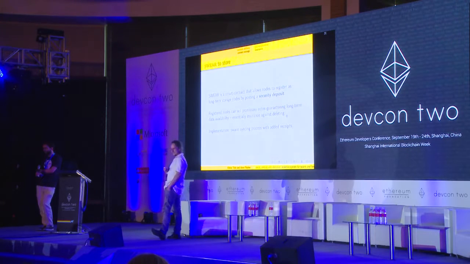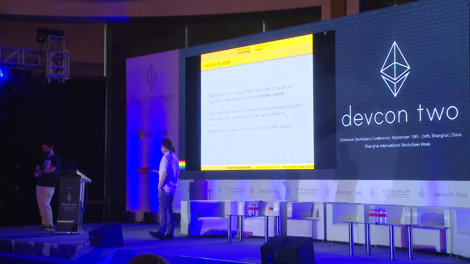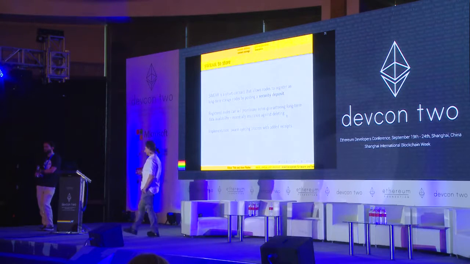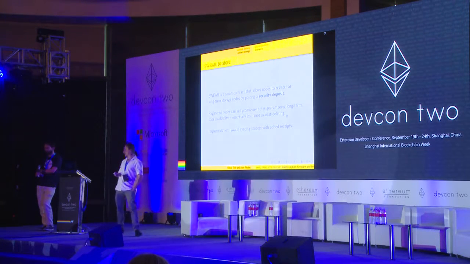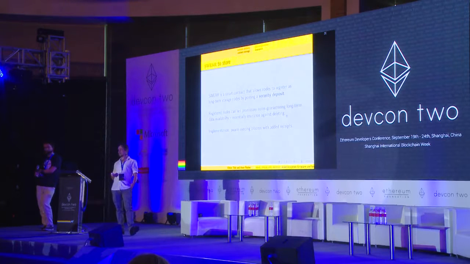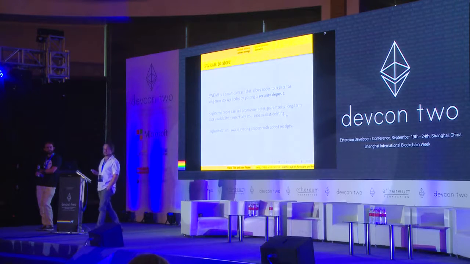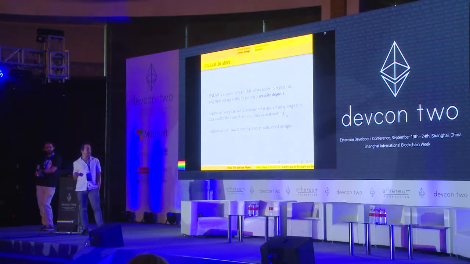In this case, we call it security deposit, and this component of the system is called a swear contract. It's kind of a double meaning. It means that you swear to keep to the rules of the game, and you stand to lose your deposit, and therefore your reputation and participation in the network, at least with that identity for a while, in case you are found to misbehave.